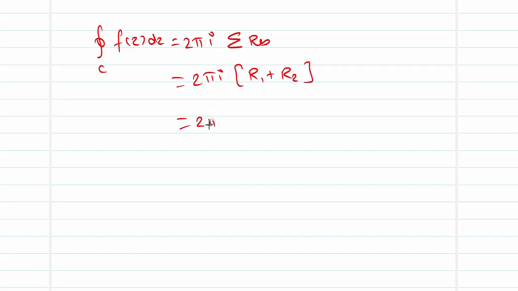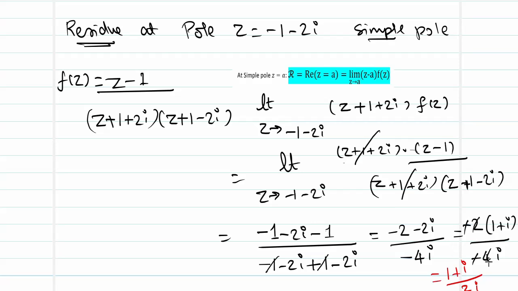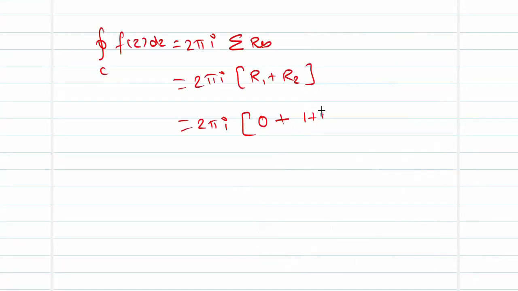So it is 2 pi i times, what was the residue that lies outside, so the value is 0, and for the other residue we had this equal to 1 plus i divided by 2i. So now this i can be cancelled off, 2 can be cancelled off, leaving us with 1 plus i times pi.